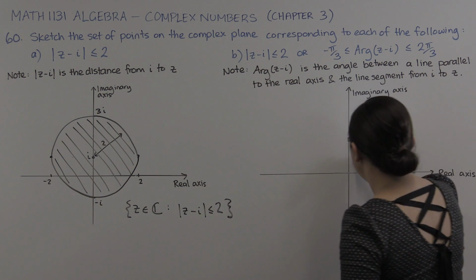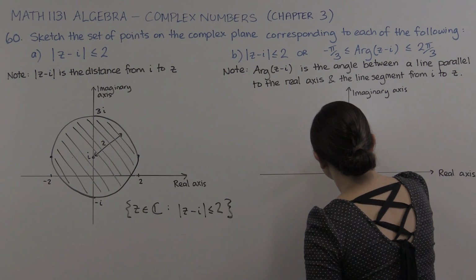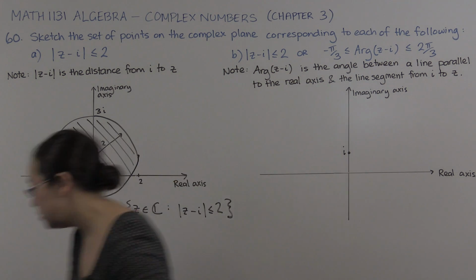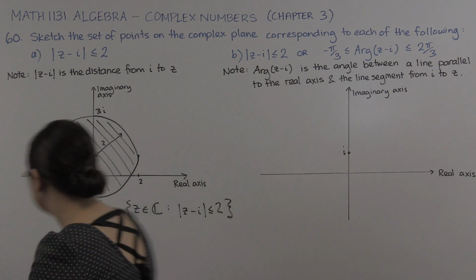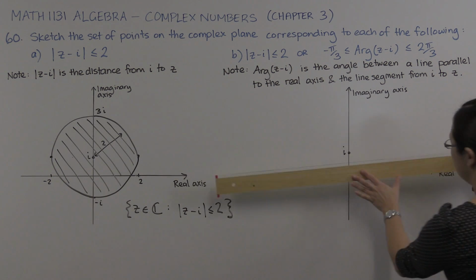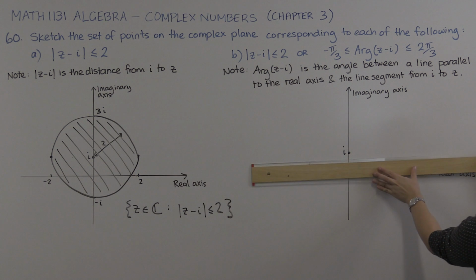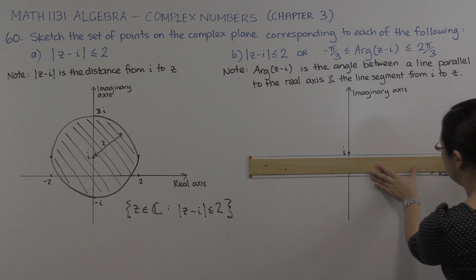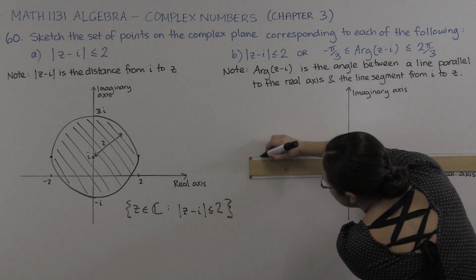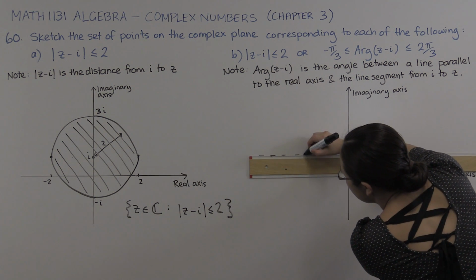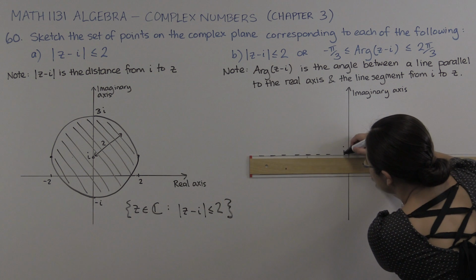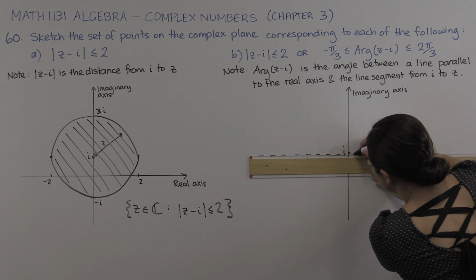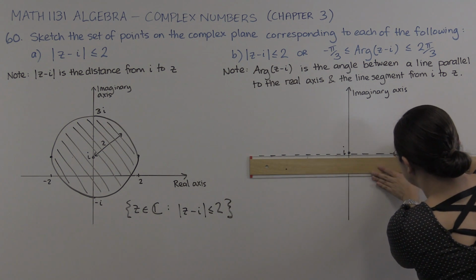So here's i. Again, here's a horizontal line. Actually, this doesn't go right to the end, so we'll just draw a bit of a horizontal line here. This is a line parallel to the real axis.